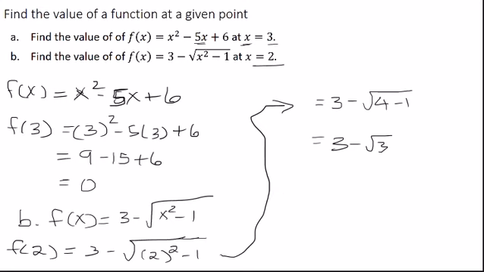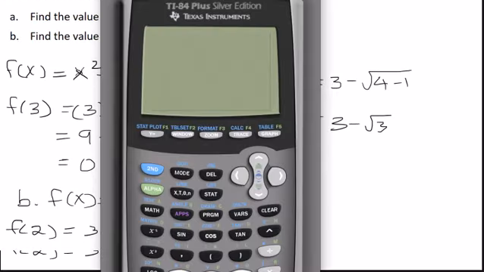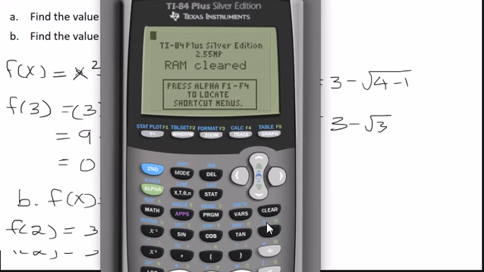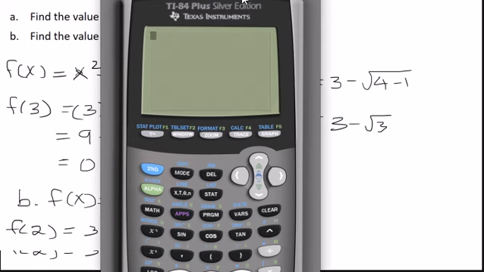So let's see if I can pull out my calculator here and show you how to enter these numbers. Alright, so here is my little calculator that is showing up in the screen here. So I'm going to have to enter this number 3 minus square root of 3. So let's turn this on. So this is a TI-84 Plus Silver Edition.